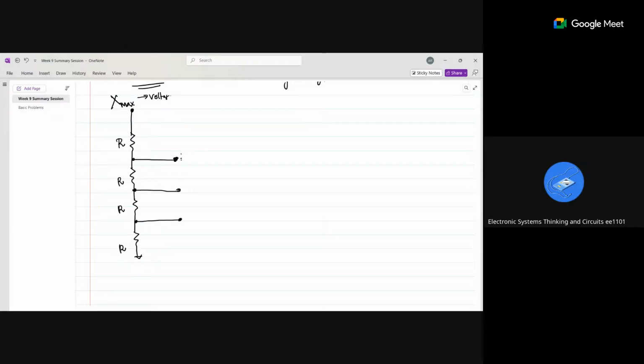What is the voltage across this point? Okay, I'll give X max as some value so that it will be easier: 4 volts. Let me take it as V1, V2, V3. What is the value of V1? 4 upon 3.